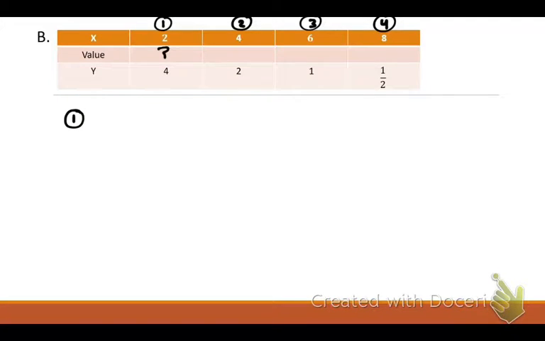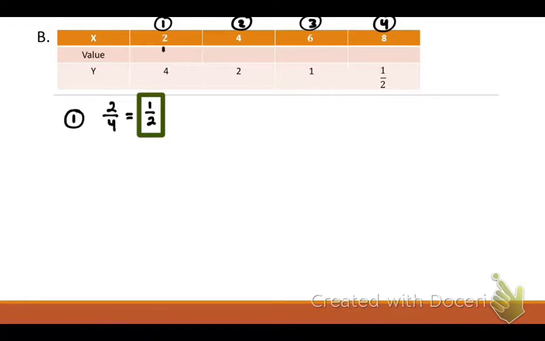Should I add, subtract, multiply, or divide, Reagan? Divide, very good. Take the top number and divide it by the bottom number, and what do you get? 2/4. Can that be reduced? What would it be? 1/2. Okay, so the value of that first ratio is going to be 1/2.